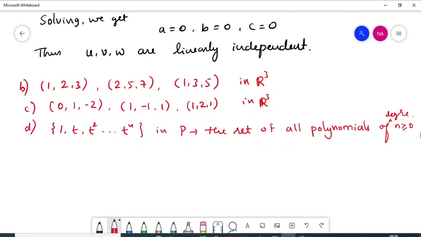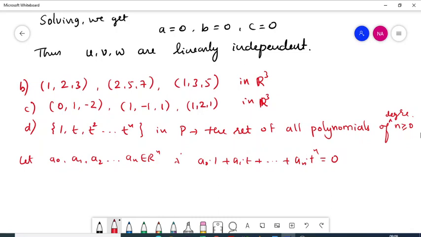These are like vectors: 1, t, t square, t power n. Similar to that, you have to choose scalars. Let a0, a1, a2 and so on an belong to R such that a0 into 1 plus a1 into t plus and so on an into t power n equal to 0. Then compare coefficients on both sides, then check whether ai equal to 0 for all i. If so, then the vectors are linearly independent.